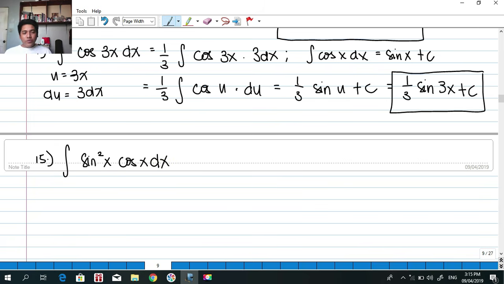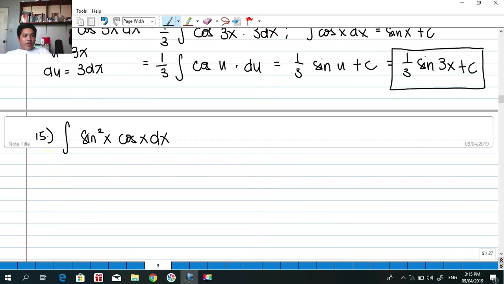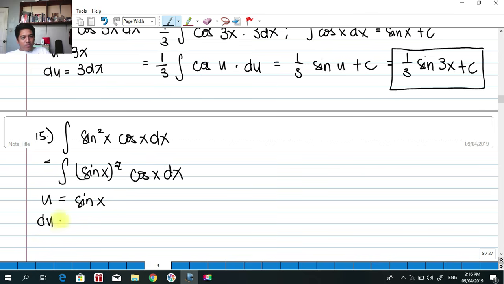So that you're not confused, we can rewrite this as the integral of sine x squared times cosine of x dx. If we let u equal sine of x, then du over dx is cosine x, and cross multiplying, we have cosine x dx.